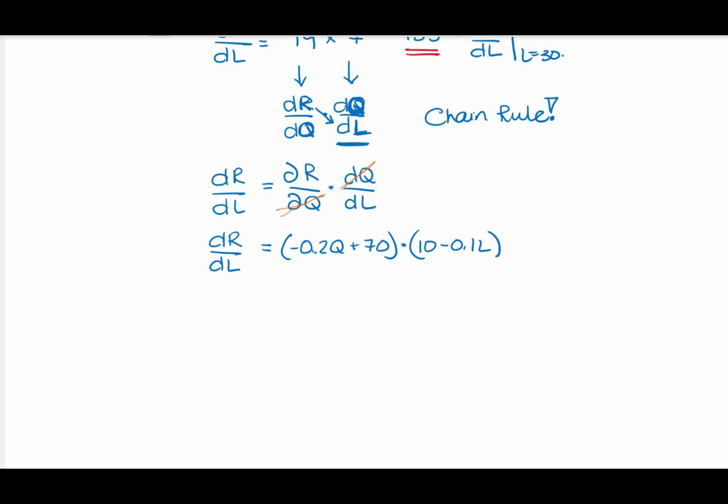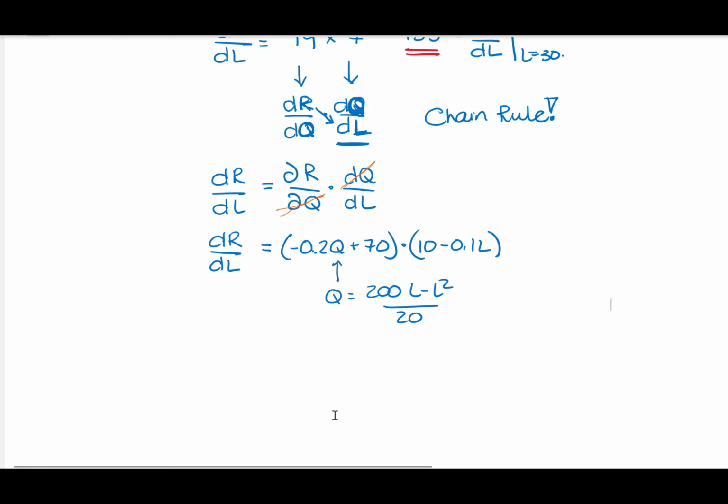I know this is in two variables, but we know that Q is equal to 200L minus L squared over 20, so we can solve this for any level of labor. We can solve for the change in revenue with respect to labor.